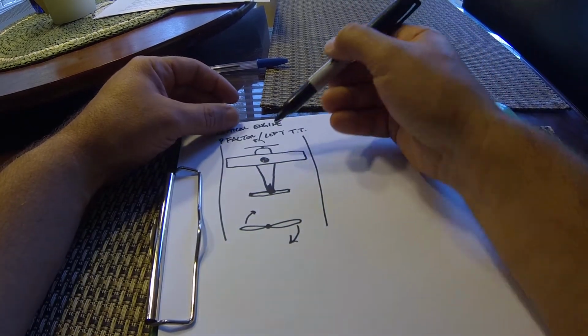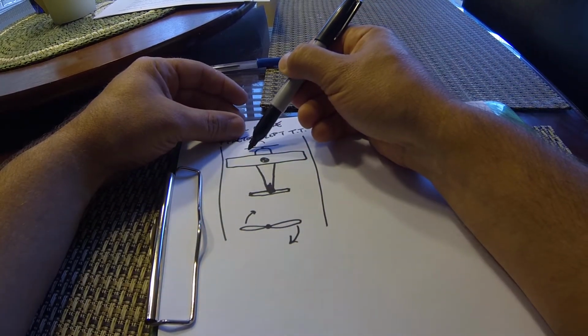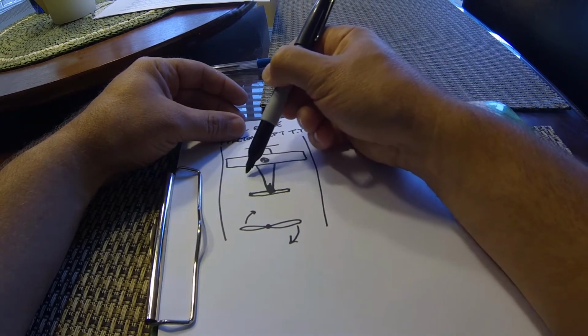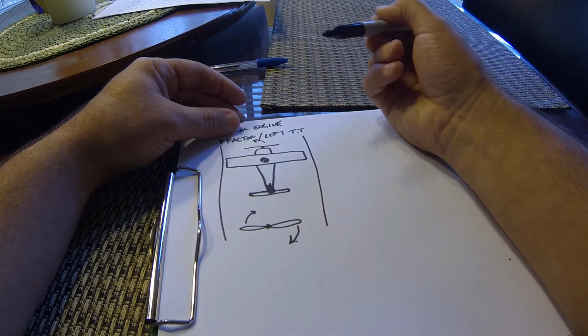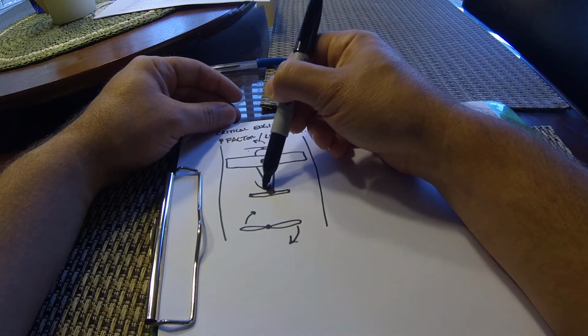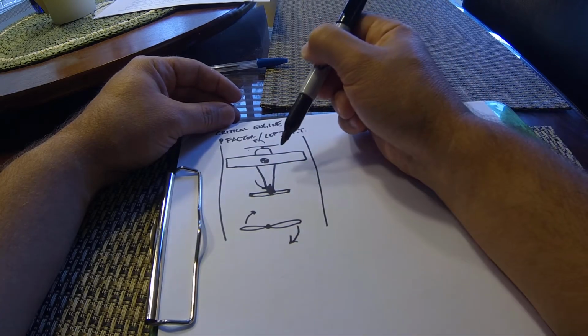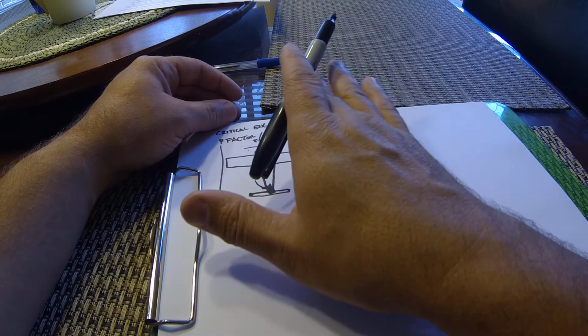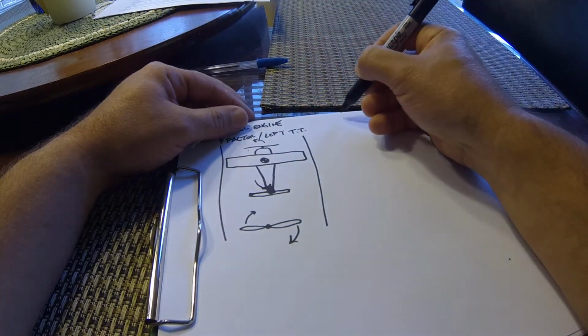What does that do? It creates a slipstream that wraps itself around the fuselage of the aircraft and strikes the rear tail, the vertical stabilizer. As it strikes the tail here, that causes the aircraft to yaw to the left. It yaws to the left through the vertical axis.